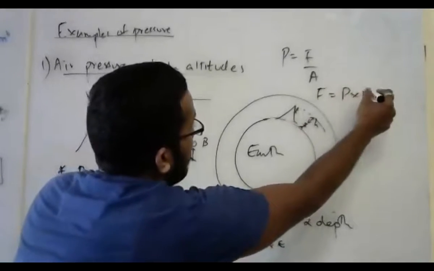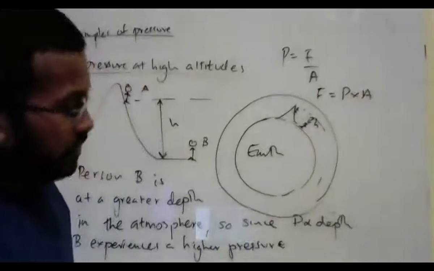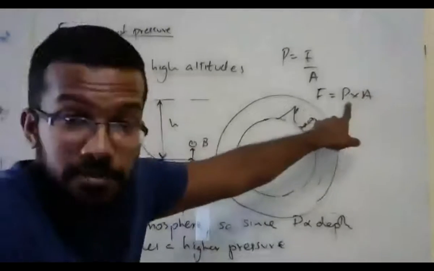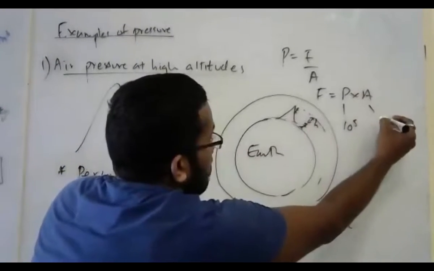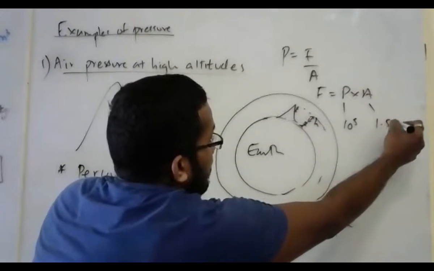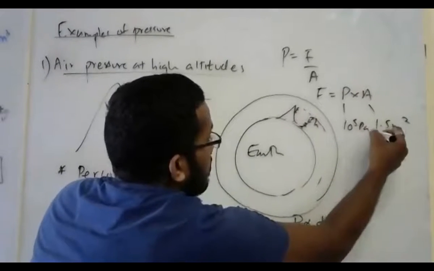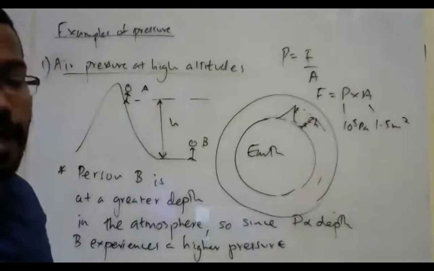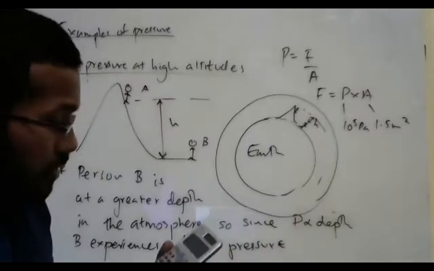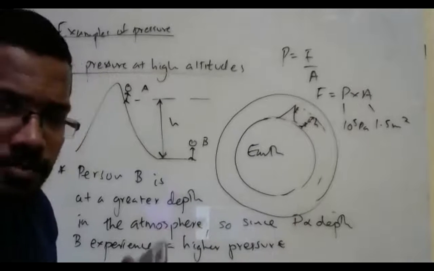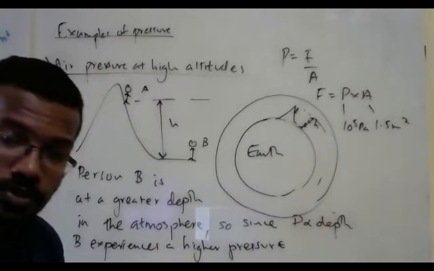Force is pressure times area. If the atmospheric pressure is 10 to the power 5 and the person has an area of 1.5 square meters, when you multiply this, you get an absurd value. This is 150,000 newtons.